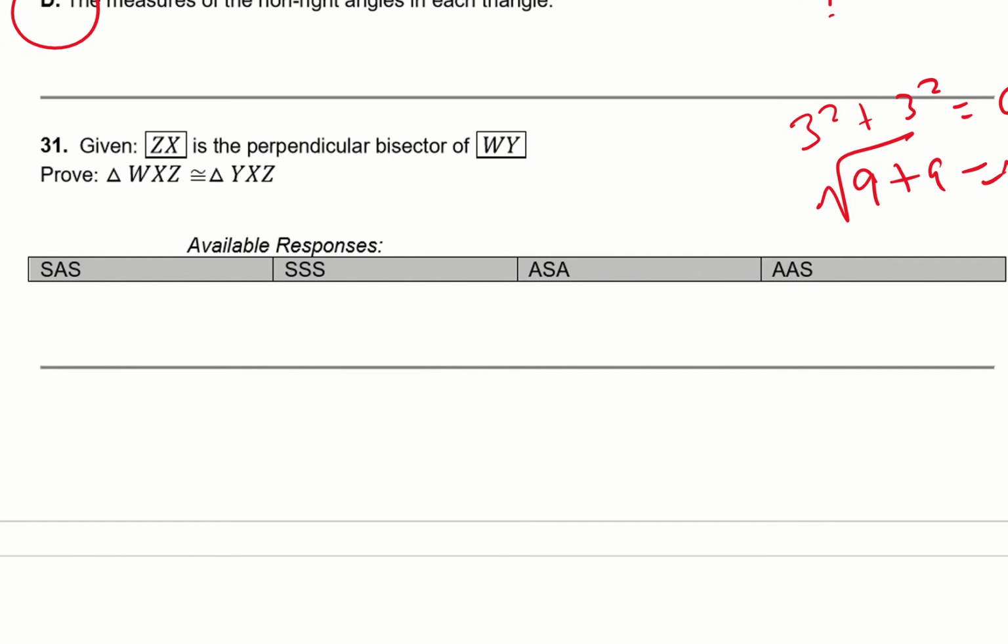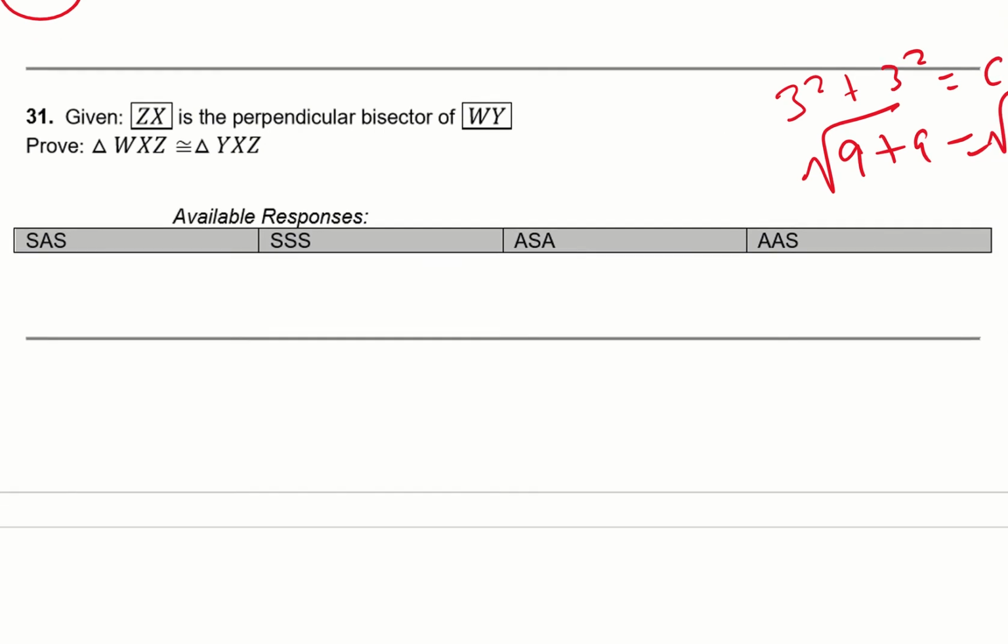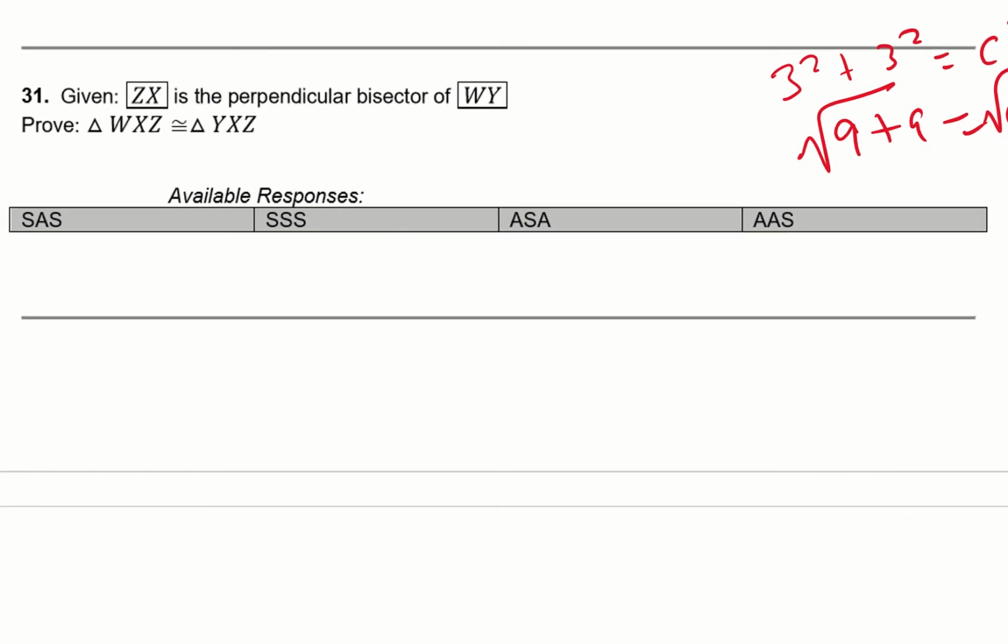All right, number 31. Given XZ is the perpendicular bisector of WY, prove that triangle WXZ is congruent to triangle YXZ. So let's go ahead and draw this. We have a couple of triangles here. So we have W. Now it says ZX is a perpendicular bisector of WY.